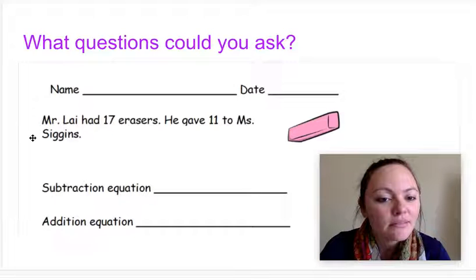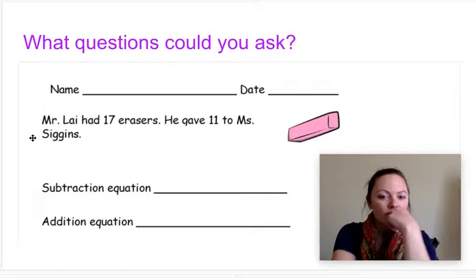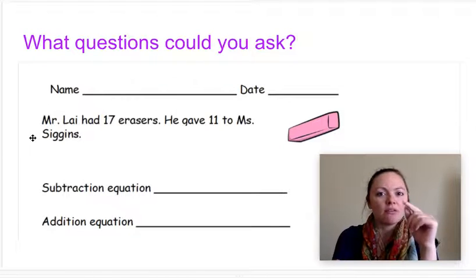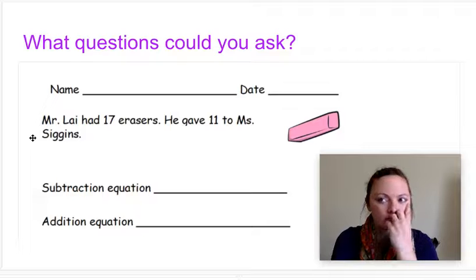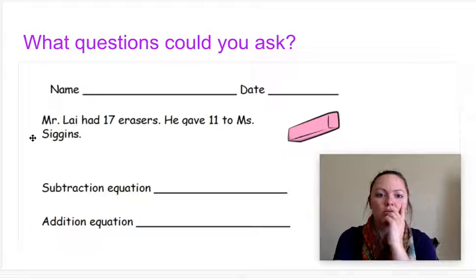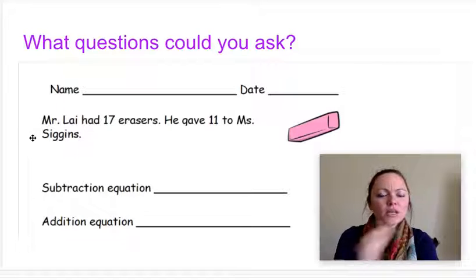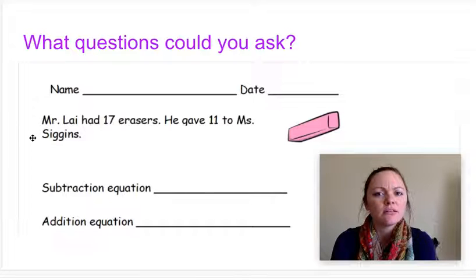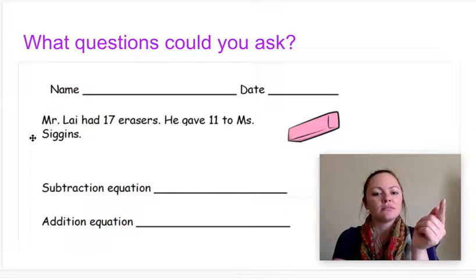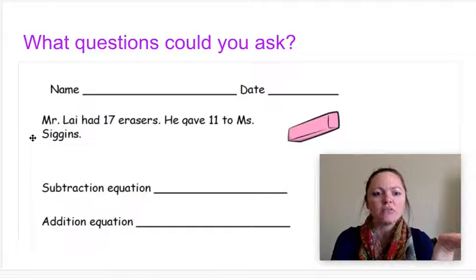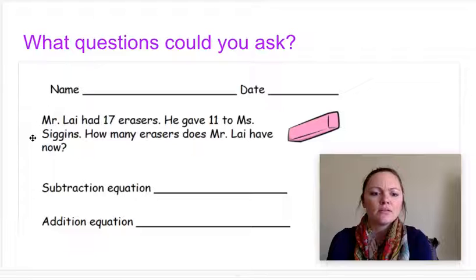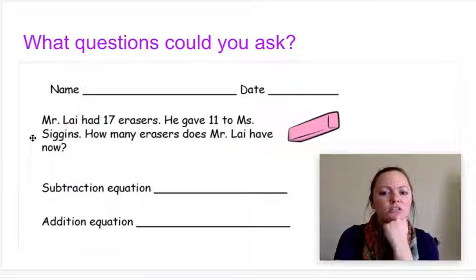He had 17. He gave 11. Now he has, wait, do we know how many he has now? Wait, it doesn't tell us that. What's a question we could ask? Yes. How many does he have now? Let's ask that question. How many erasers does Mr. Lai have now?